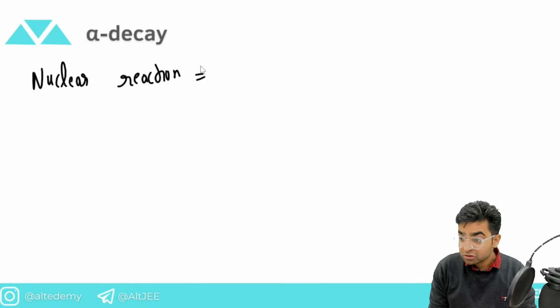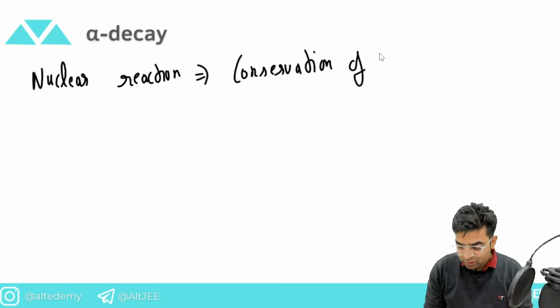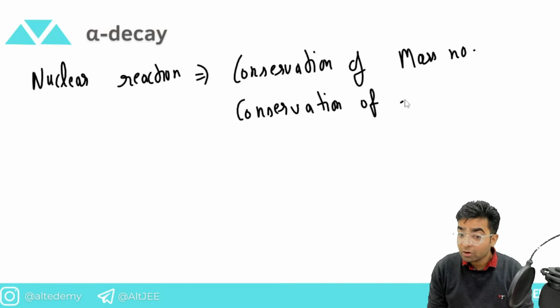So there is a conservation. What is the conservation in a nuclear reaction? There is conservation of mass number and conservation of atomic number.